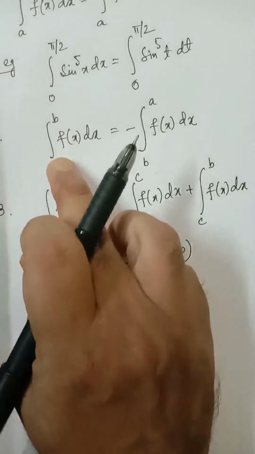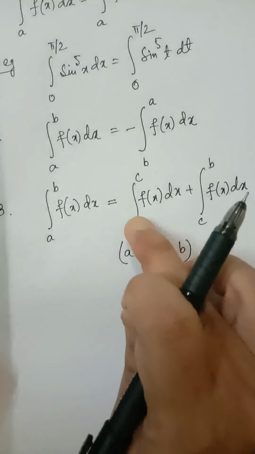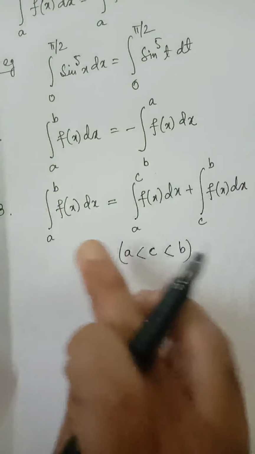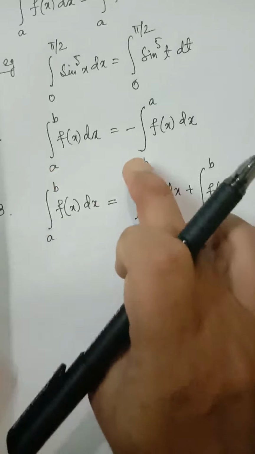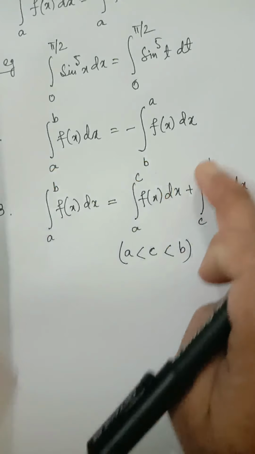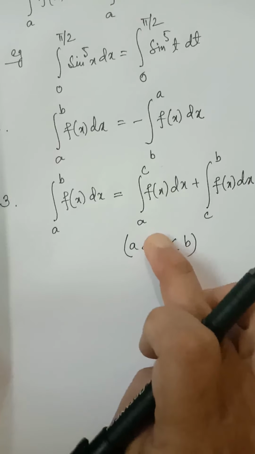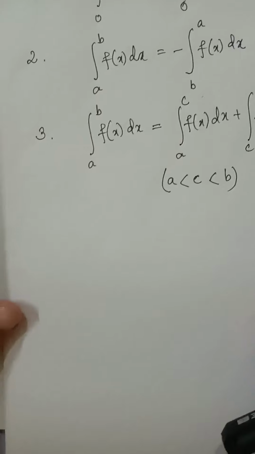Or you can think in this way, 1 to 5 f(x) dx equals 1 to 3 f(x) dx plus 3 to 5 f(x) dx. This c can be any real number between a and b. This is property number 3.